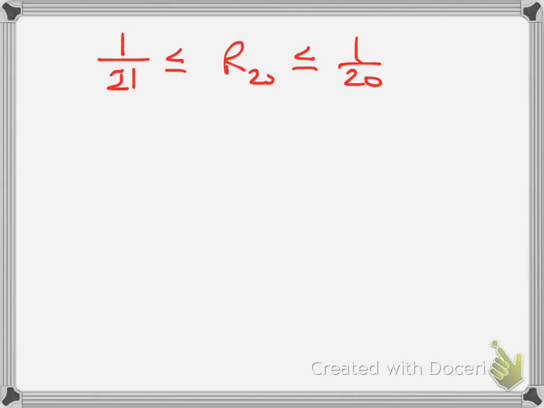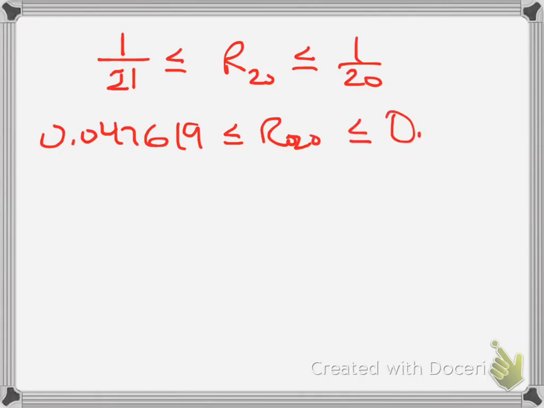Now 1 over 21 is about 0.047619, and, whoops, r sub 20, this is going to be 0.05 over here. Now, what is this actually telling us?